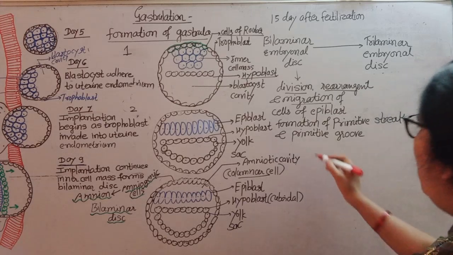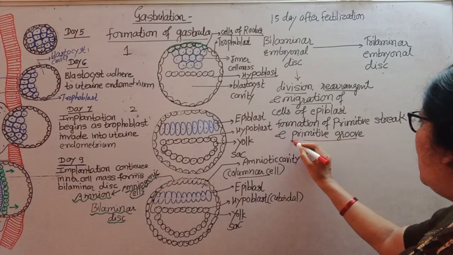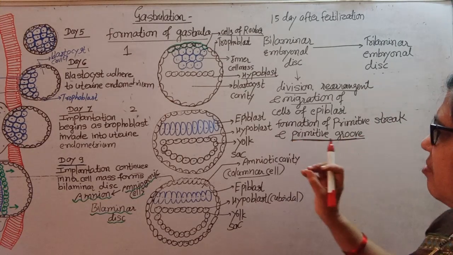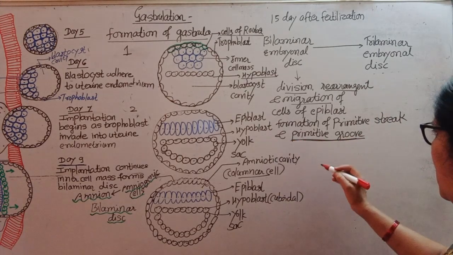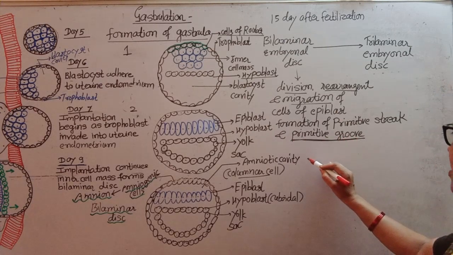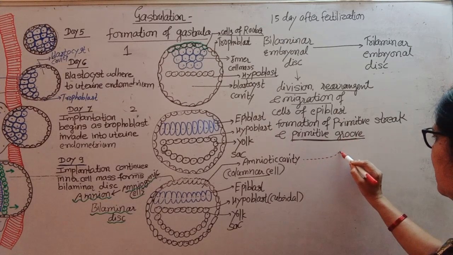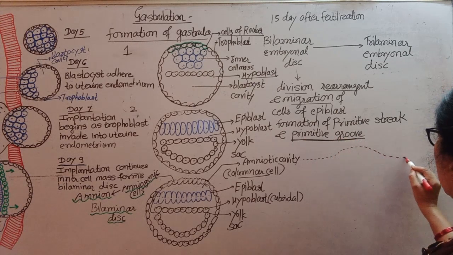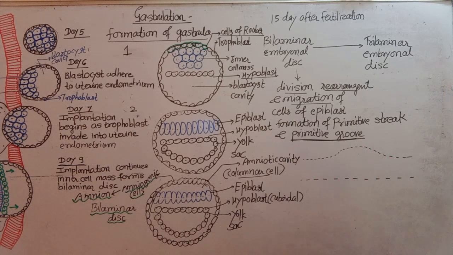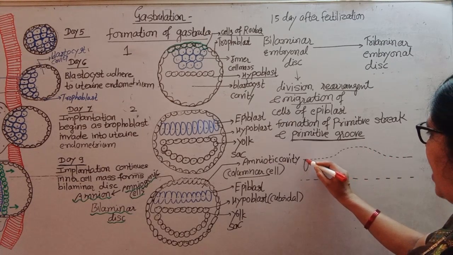So primitive groove is formed on the surface of epiblast. So see how formation of primitive groove takes place. So this is bilaminar embryonal disc.